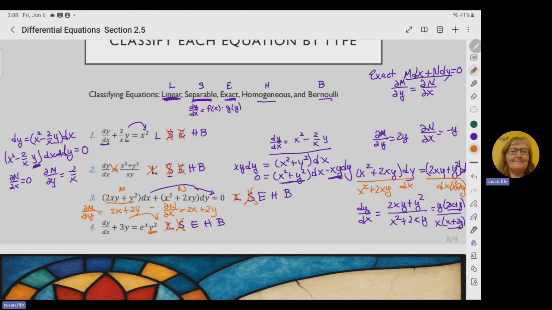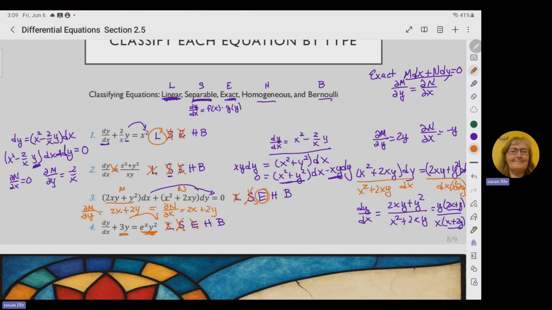Those are equal, and so this one is exact. That one was linear. And that last one is not going to be exact because this term on the right side has x's and y's, a y squared. That 3y only has the 3y. It just won't work out.